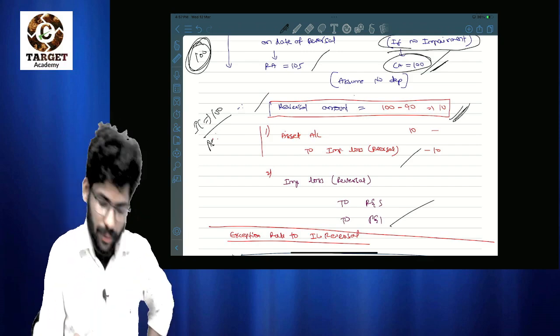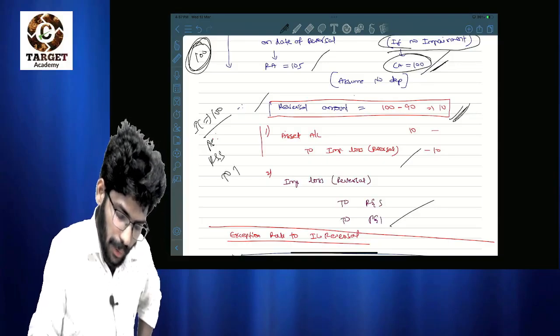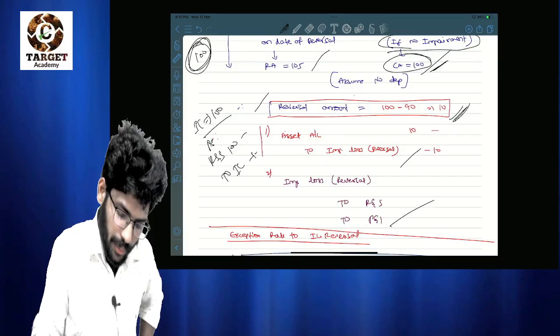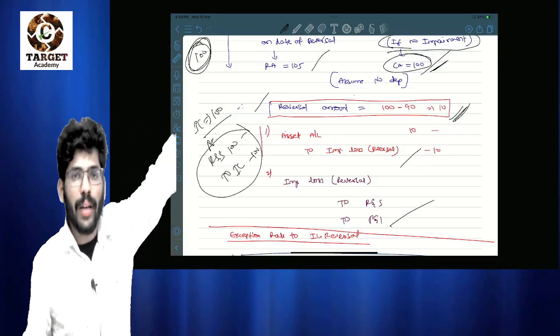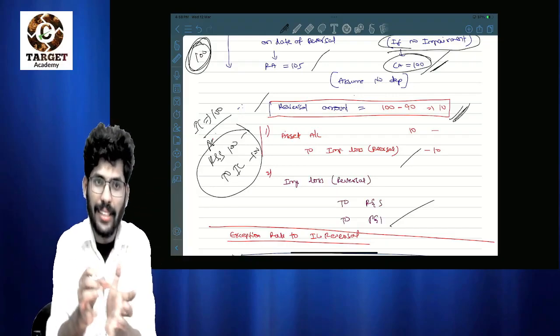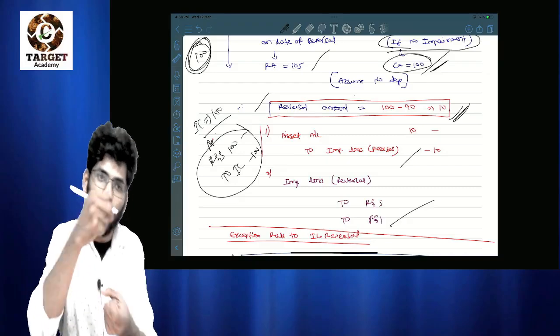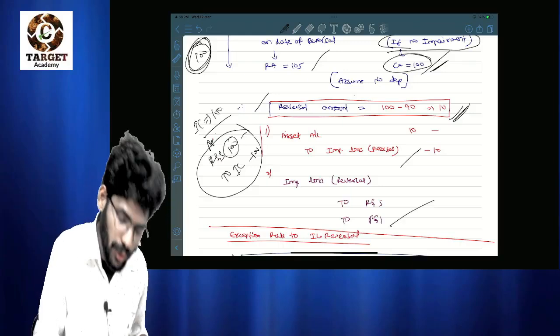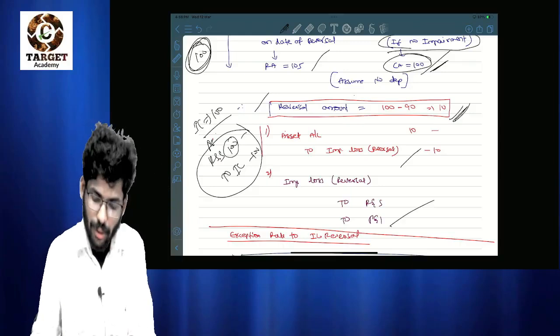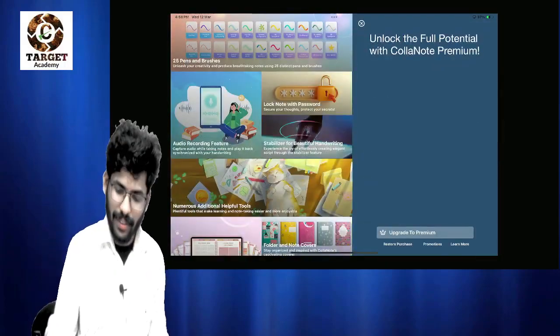Here I am taking revaluation surplus to impairment loss 100, because I already have a revaluation surplus. Whatever amount was used for adjustment of impairment loss, that amount should be reversed here. How much was used from revaluation surplus? 100. That should be reversed here.